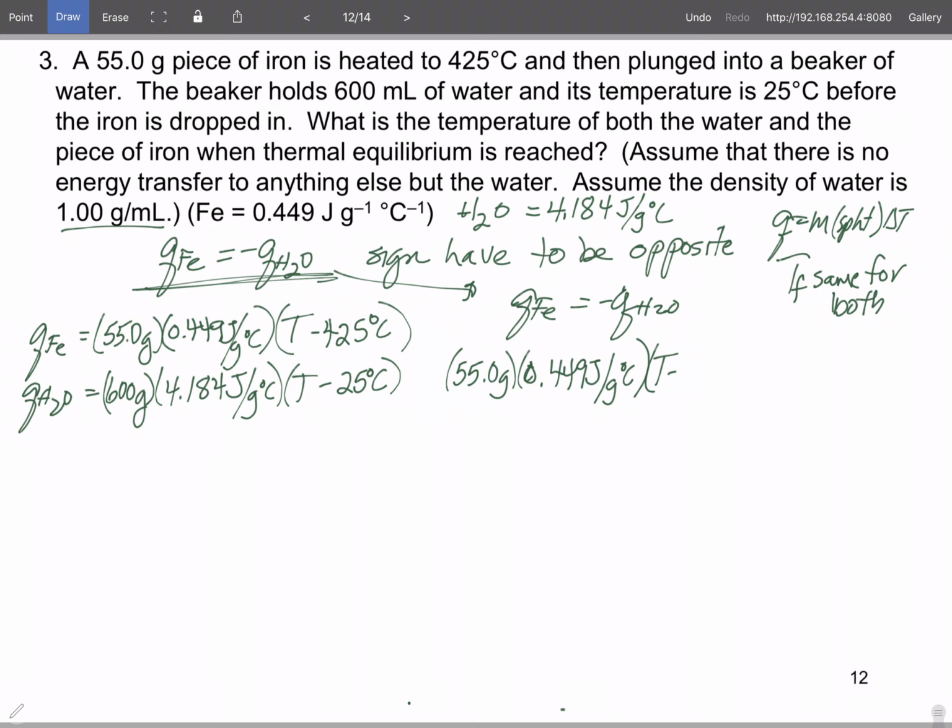And T minus 425 degrees C is equal to negative, and do not forget that negative, I'm going to run out of room, 600 grams times 4.184 joules per gram per degree C times T minus 25 degrees C.